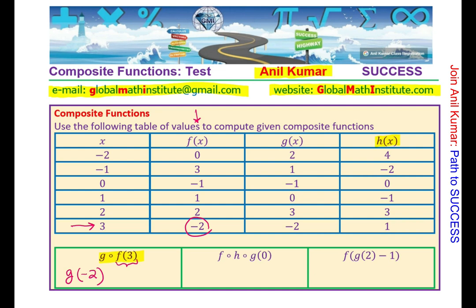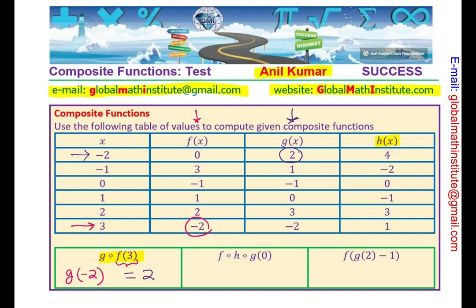Now g of minus 2 really means the value of g when x is minus 2. So for x equals minus 2, the value of g is 2, and therefore this should be equal to 2. So I hope the whole process is absolutely clear. Have a good look at it, understand, and then try the other two, right?